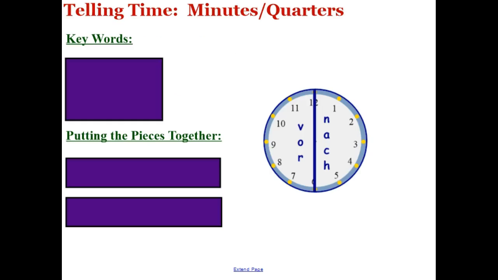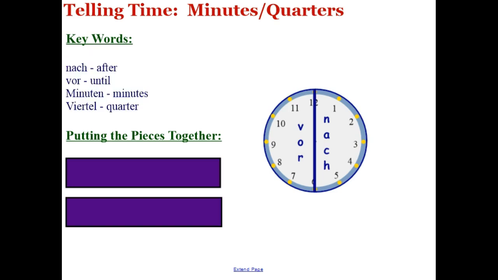There are a few key words that you need to know when you're dealing with telling time using minutes and quarters. Please make sure you take these down in your notes. Nach, meaning after, vor, until, Minuten, minutes, and Viertel is quarter, as in a quarter of an hour. If you look at the clock on this page, you will see the indicator of nach and vor.